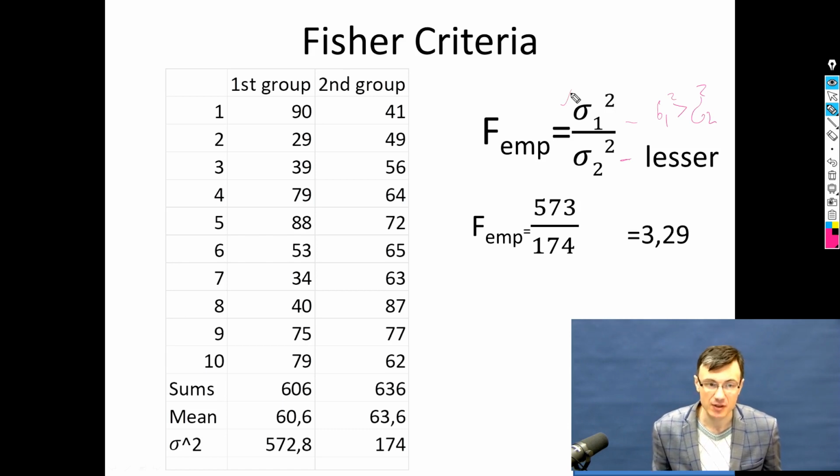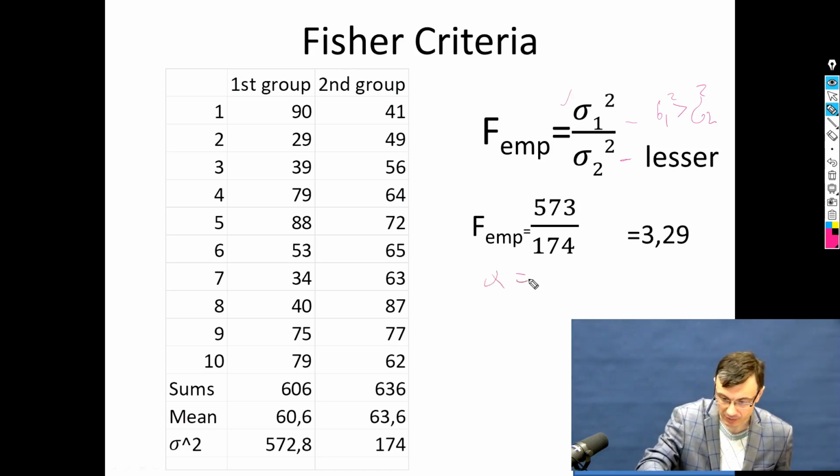Let's imagine that we have two groups of people with some marks or other parameters, and we want to understand if there is any difference between them. So we calculate our standard deviation or squared deviation and divide one by another. Then we have to set some level of significance, like alpha.